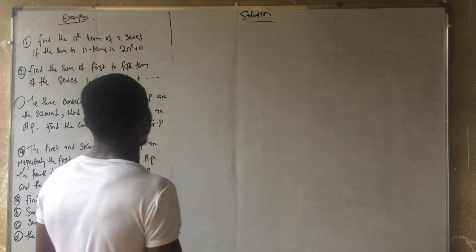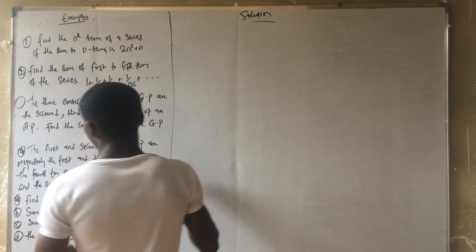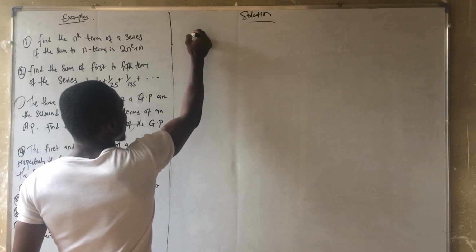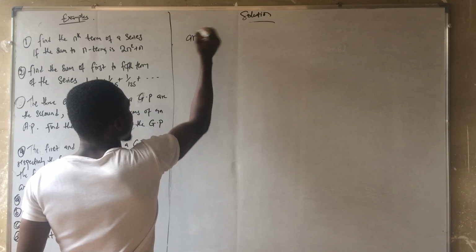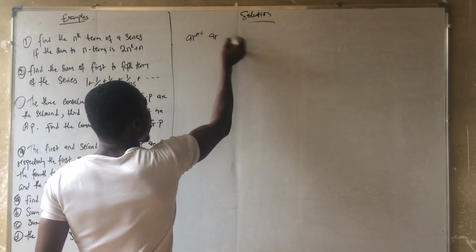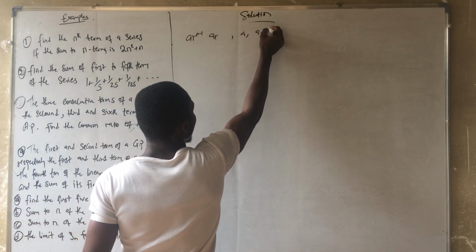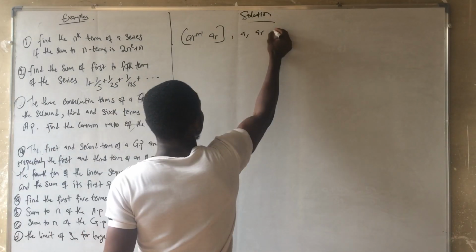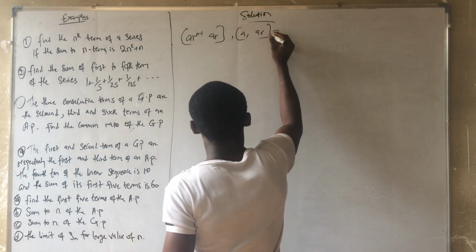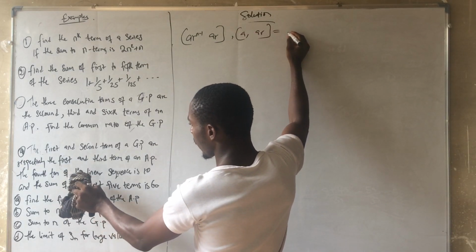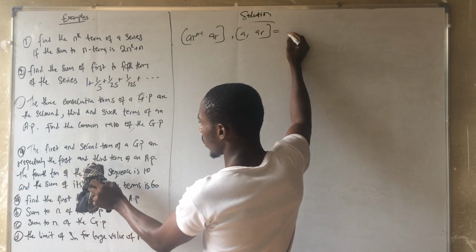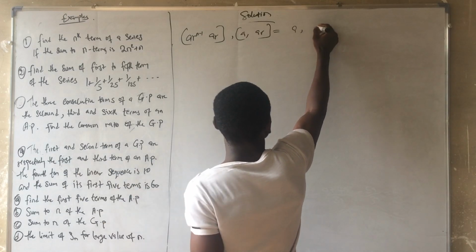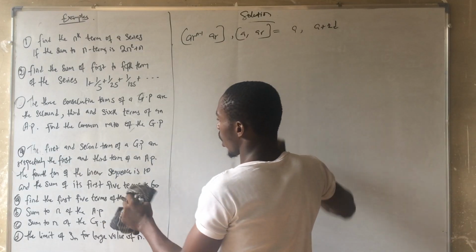So now what are we going to be doing? The first thing is to take the first and second terms of a GP. The first term is A and the second is AR. The first and second terms of the GP are equal to the first term A and the third term A plus 2D of an AP.